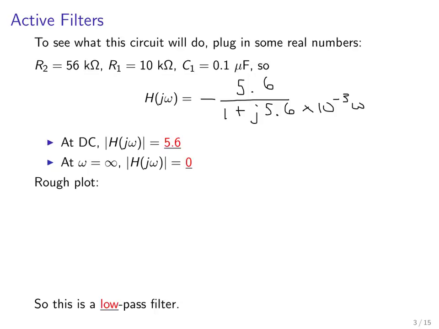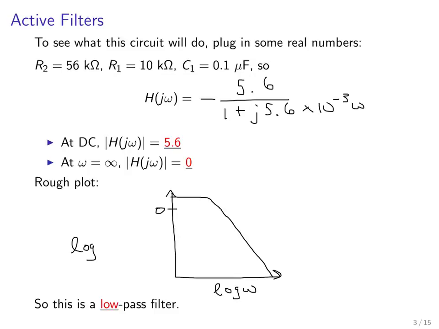So if we plot this guy, just like we did for the passive filters, on a log-log plot, then we'll get this kind of shape. If this is 0, then this is log omega, and this is log of H of j omega.